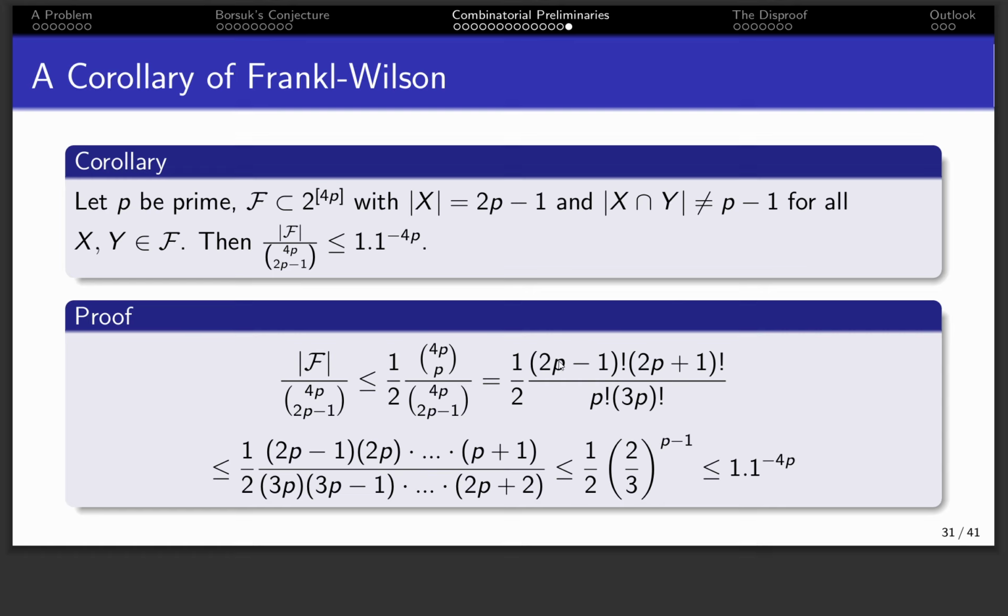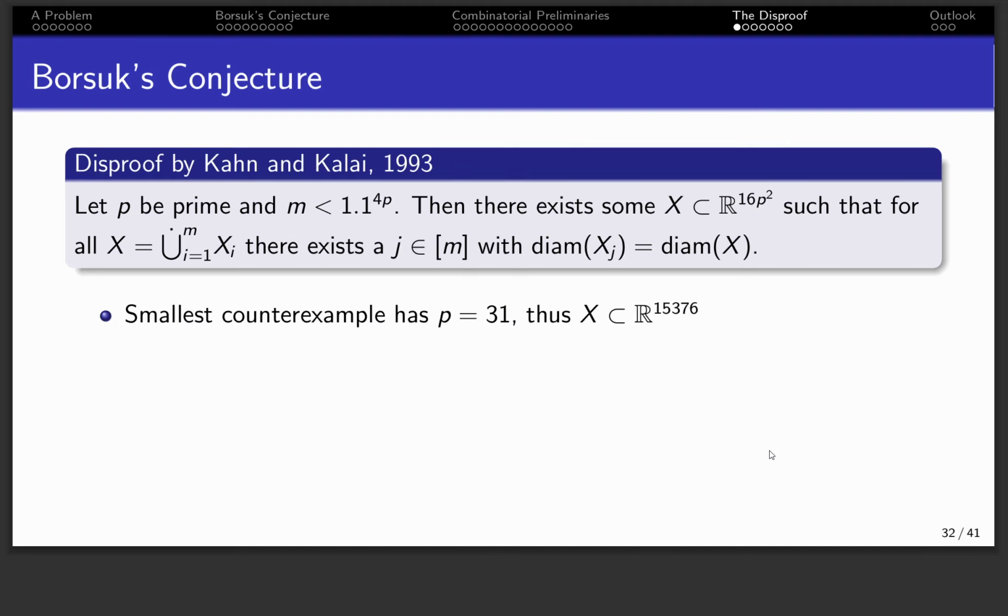And the 2p minus 1 factorial, we can cut this off at the point p factorial, since all of those terms cancel off that, so we get something of this form. And then we can see that each of those terms is smaller or equal to 2/3. So we can finally get this relation that this fraction is smaller or equal to 1/2 times 2/3 to the power of p minus 1, and we can approximate this by 1.1 to the power of negative 4p.